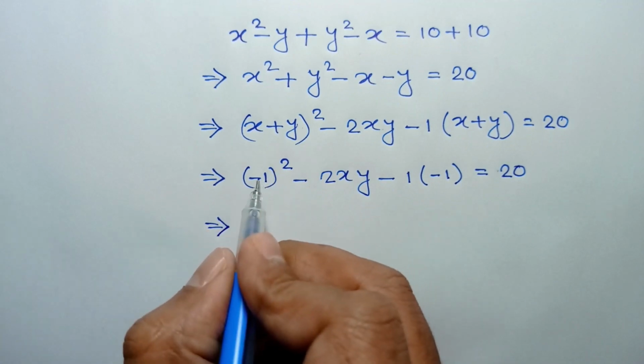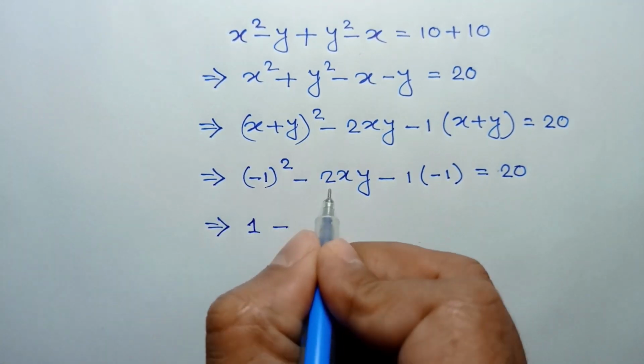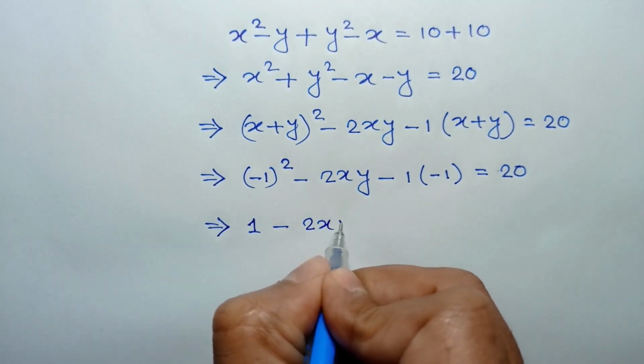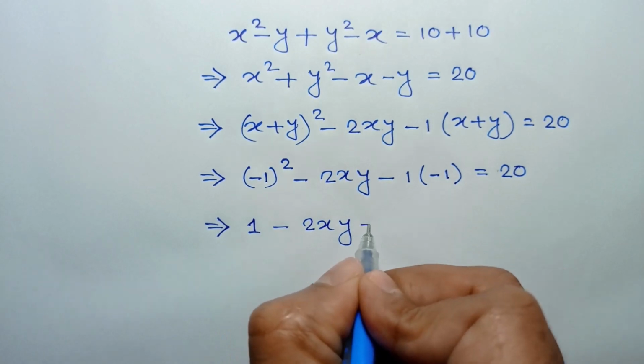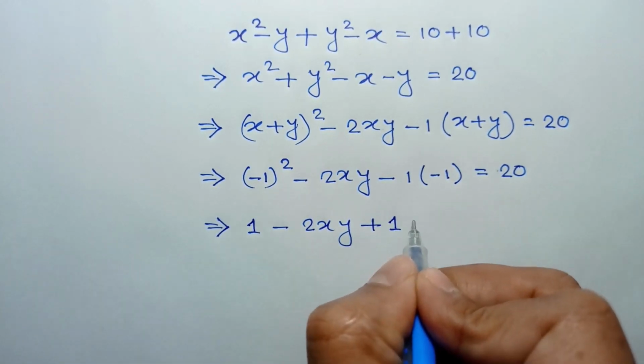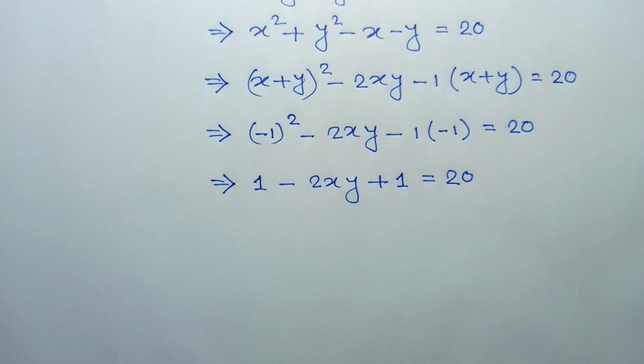or (−1)² is 1, minus 2xy, minus 1 times −1 is positive 1, is equal to 20.